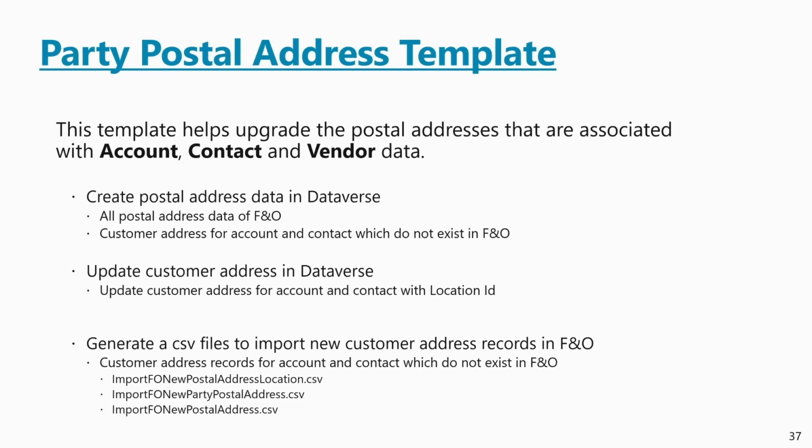And the way it does it, it compares the address attributes like street, state, country, and zip code. And wherever it finds a match, it updates the location ID in Dataverse. For any of the customer addresses which do not exist in FNO, it generates those postal addresses with a location ID which does not conflict with FNO. And then it generates a CSV file to import new postal addresses in FNO.